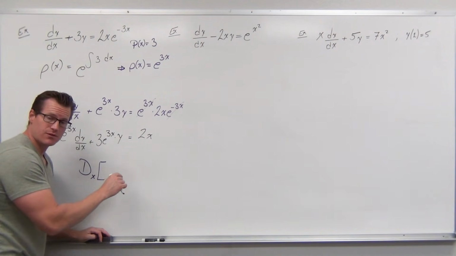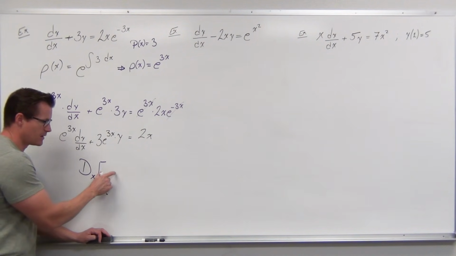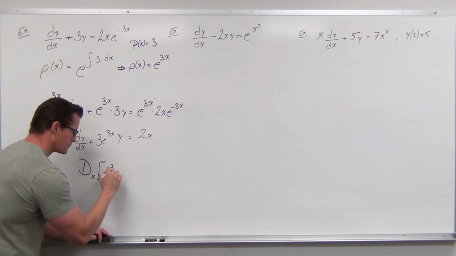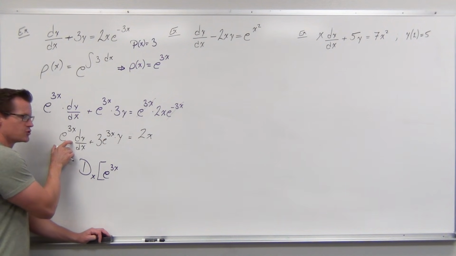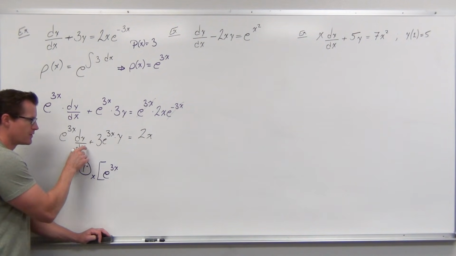When you take the derivative of a product, you leave the first factor alone. That's the first factor. Then you take the derivative of the second factor.